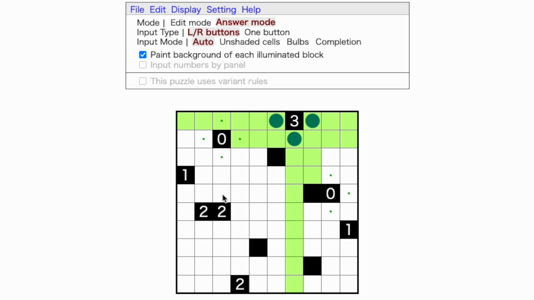We can't have both sides of this because it would invalidate the other clue. So each has at most 1, which means they have these 2. So now this 2 is done, which means this 2 is done, which means this 2 is done. This 1 is done. This one can't see any other possible cells, so it's there.